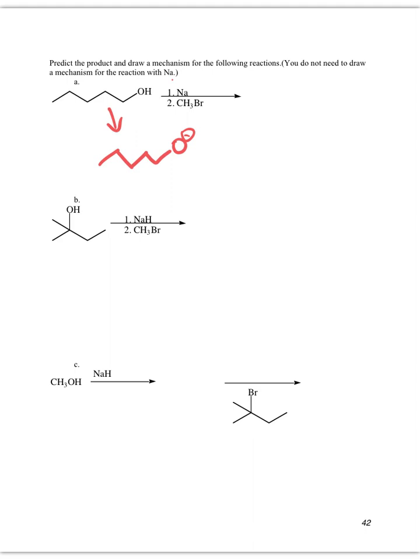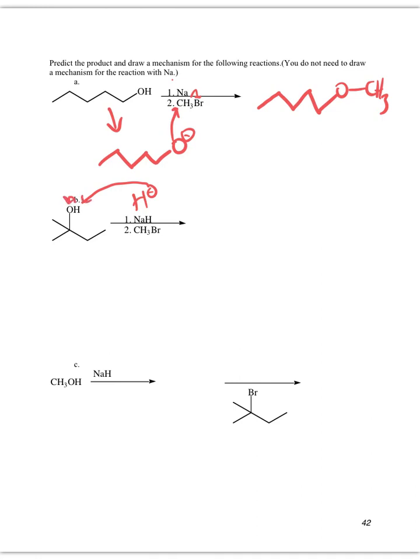Once we form the alkoxide, it's going to do an SN2 on our alkyl halide to make, in this case, the methyl ether. It just depends on what we have the bromide on for what it could do. In the second case, the sodium hydride is a strong base.